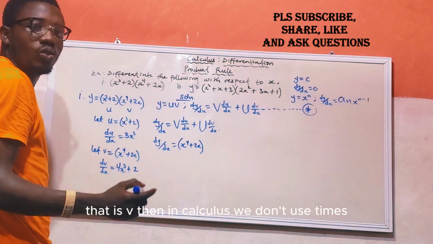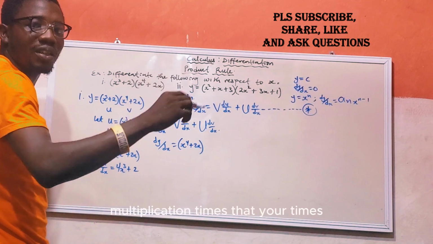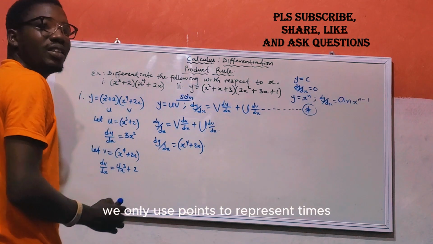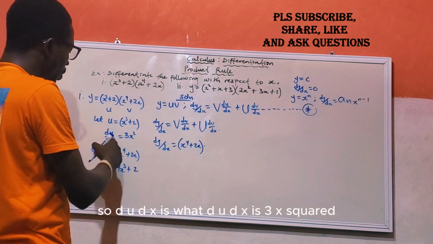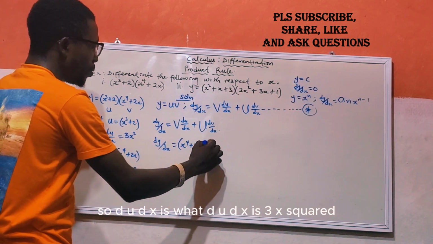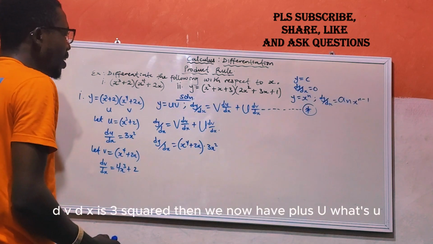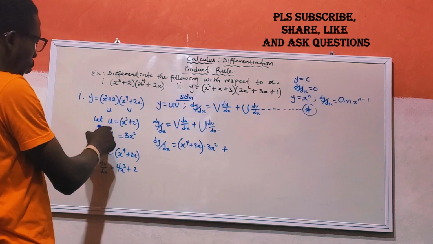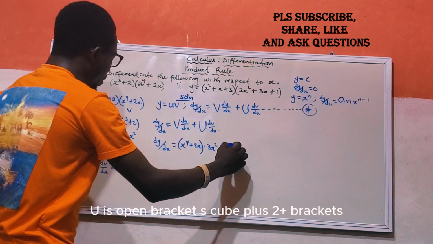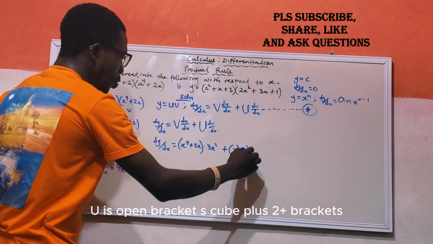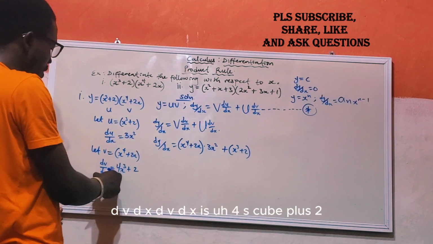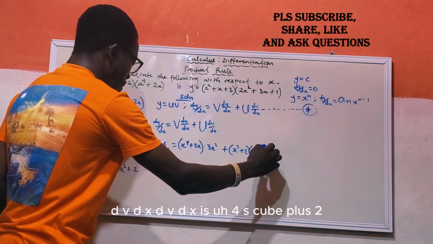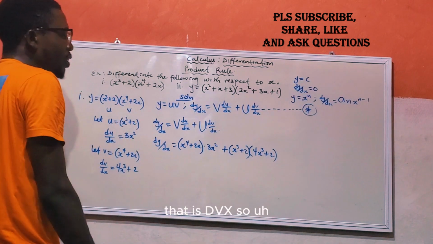In calculus, we don't use the times sign; we only use a point to represent multiplication. du/dx is 3x squared. Then plus u, which is x cubed plus 2 in brackets, times dv/dx, which is 4x cubed plus 2.